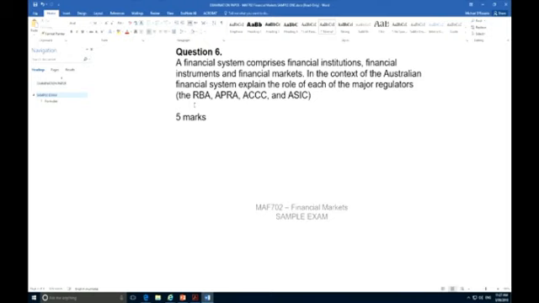Finally, ASIC. ASIC is our key securities regulator. So ASIC deals with the creation, sale and exchange of all securities that are created within the Australian financial services system. That's its initial role. Its additional role is in relation to the moderation of market disclosure. Very important ancillary role.